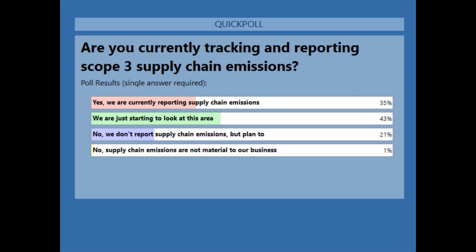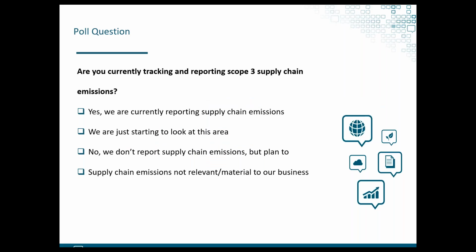So it'd be interesting to understand maybe at a later date what that reporting involves, but also the majority of you are just starting to look at this area. So hopefully, I think that's commensurate with what we'd expect. And so hopefully we can inform all of those positions throughout the webinar.